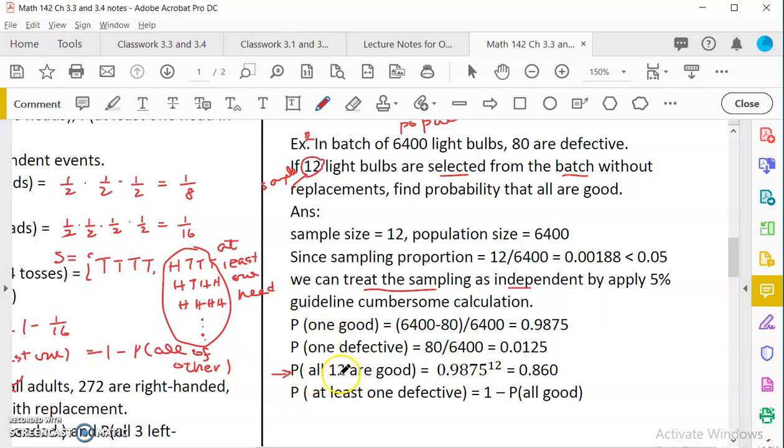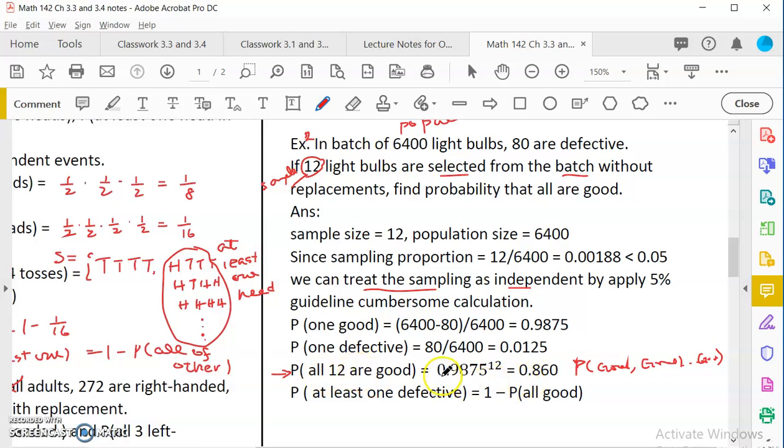To do 12, it is 12 steps, right? The probability the first is good, the second is good. You see how you are going to multiply them. So it's not adding, it's multiplying. So you would do the first is good, the second is good, all the way to the 12th is also good. Because that is how you make all 12 good.